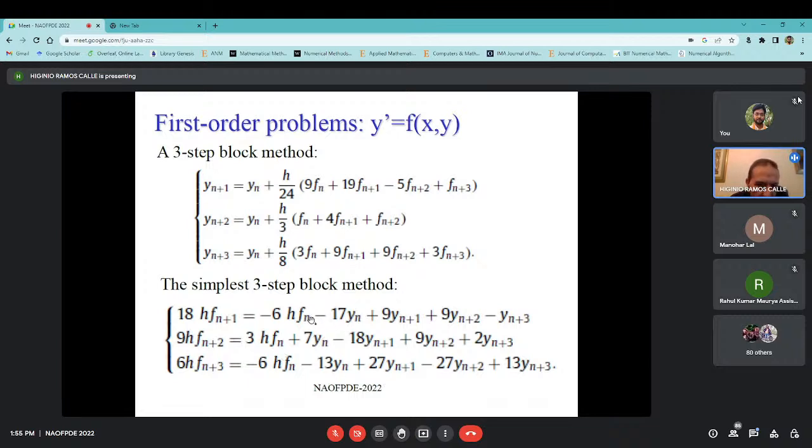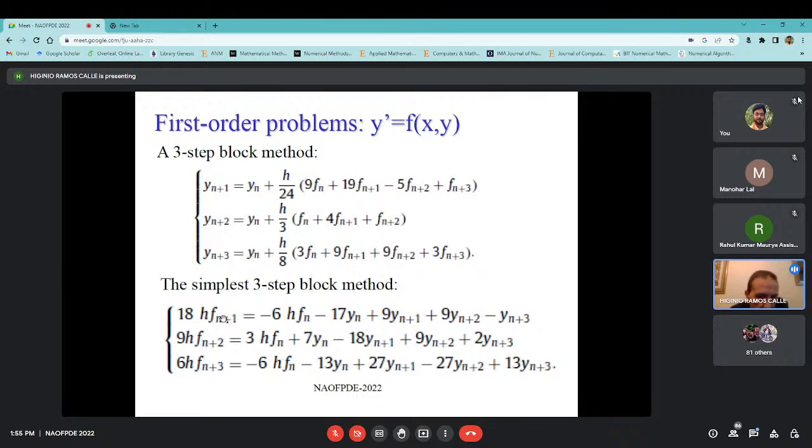Well, there is fn, but fn is a number, because you know f, you know xn, which is the first point, the initial value. You know yn, so you can evaluate this function. This is just a number.